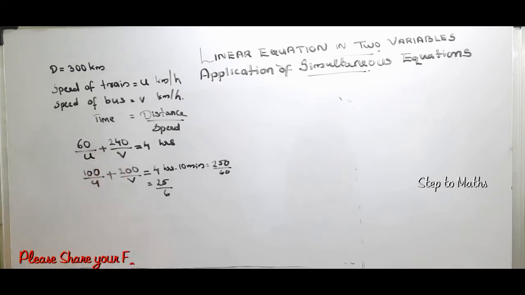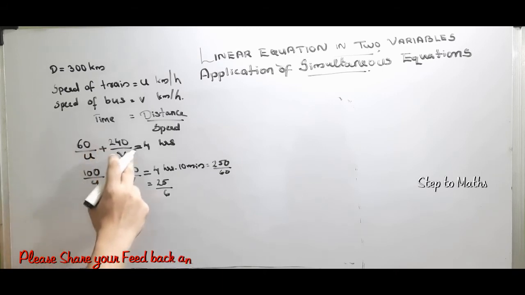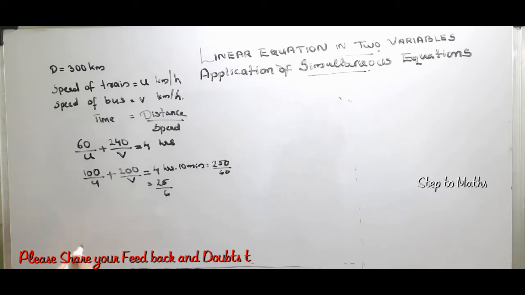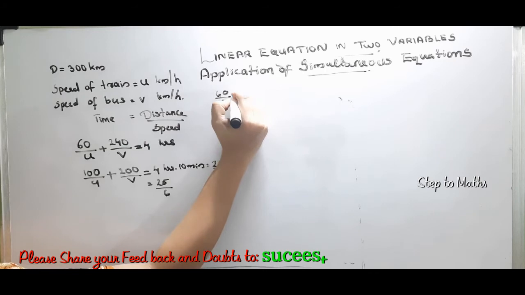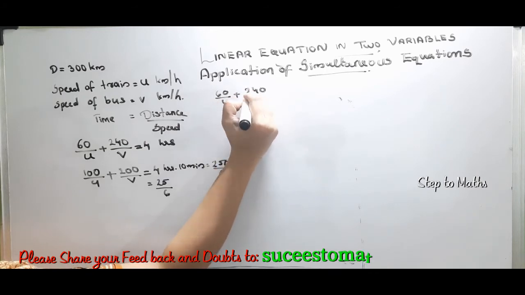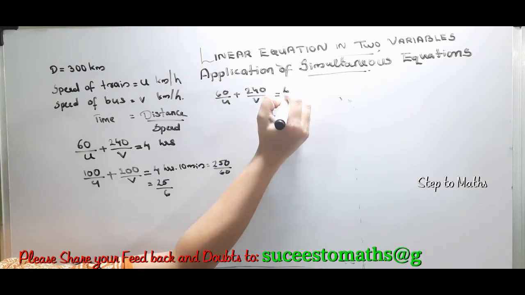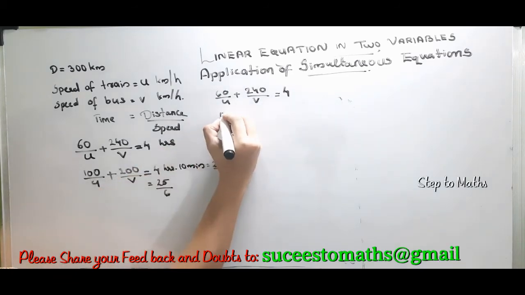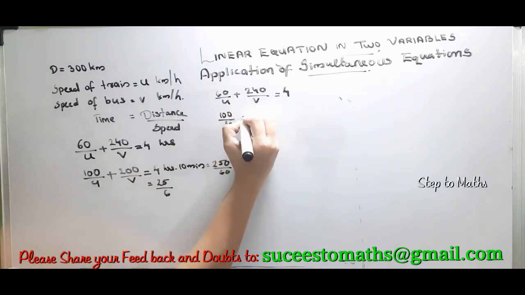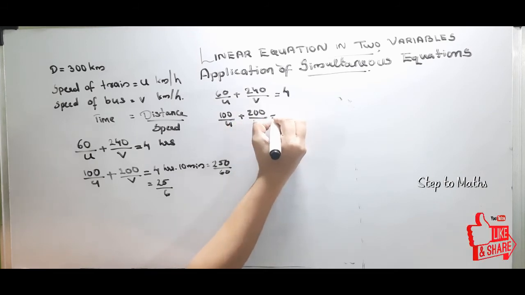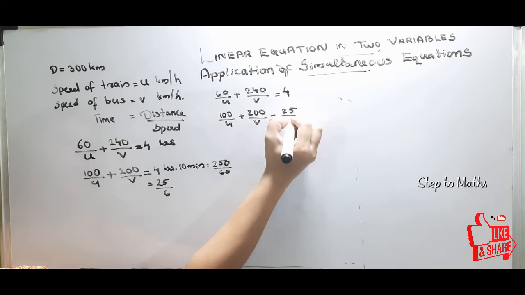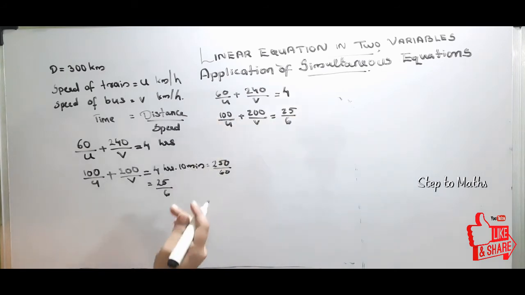Now these two equations are 60 upon u plus 240 upon v is equal to 4, and 100 upon u plus 200 upon v is equal to 25 by 6.